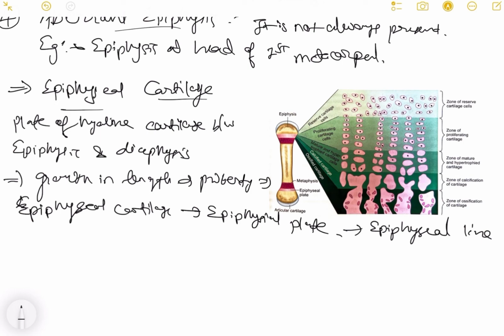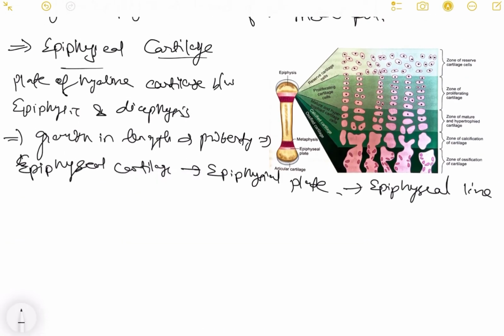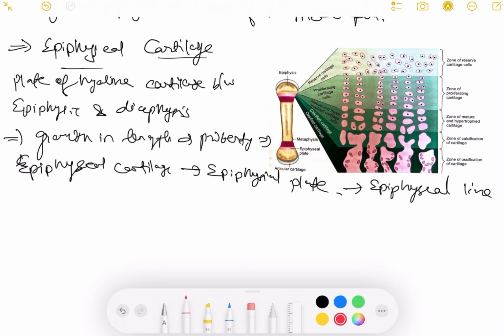So it is growth of bone in length at a certain period of time, that is until one gains puberty. This epiphyseal cartilage is replaced with epiphyseal plate, and this epiphyseal plate ultimately becomes epiphyseal line. You can see this one, no? This is the line.